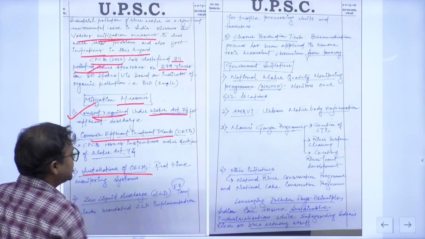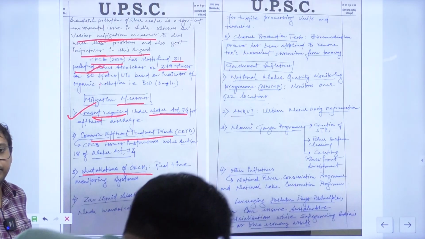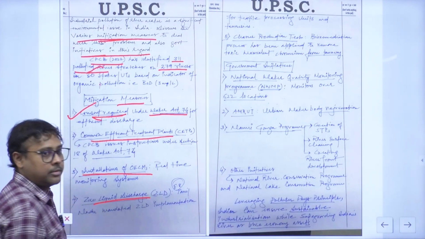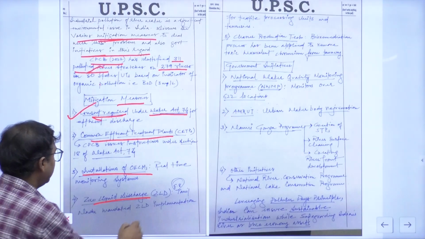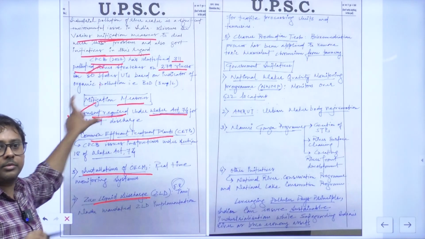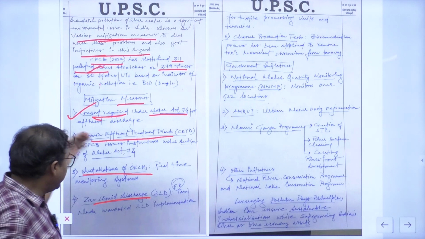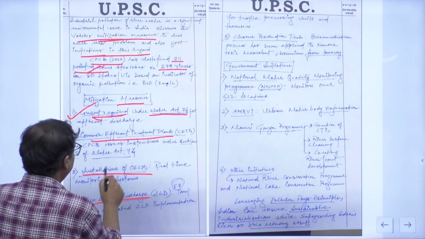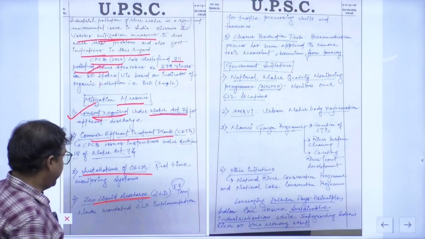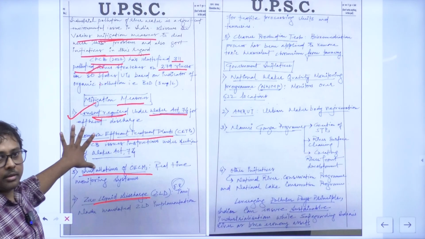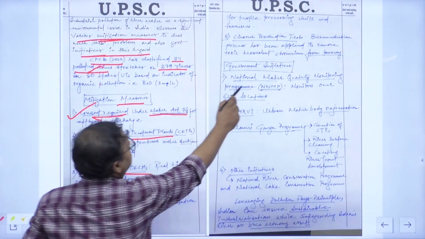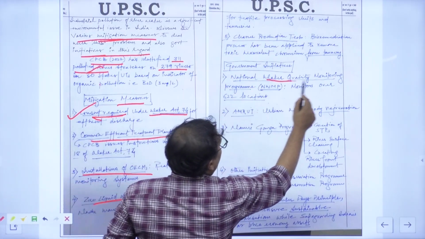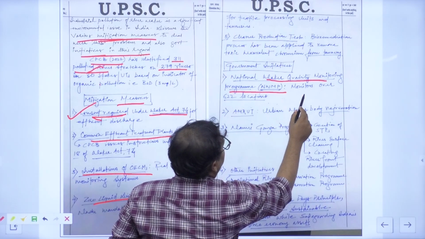Installation of OECMs, real-time monitoring system, right? Zero liquid discharge. So here there are no subheadings of that sort. Directly I'm coming to the content, right? And what I'm doing, I'm underlining those important terms, right? Clear? Similarly, when I mention government initiatives, again, National Water Quality Monitoring Program.